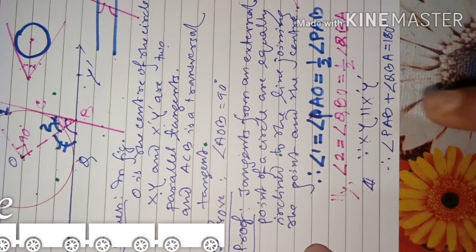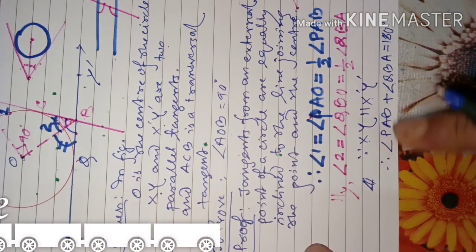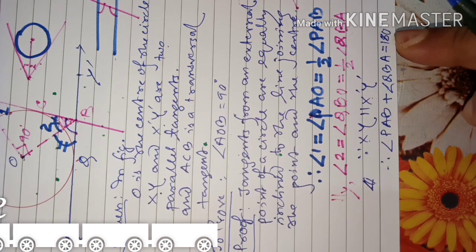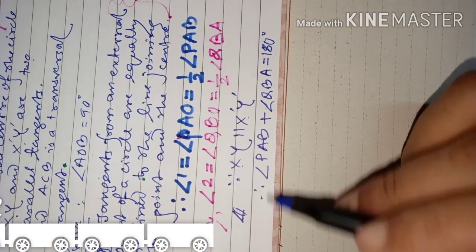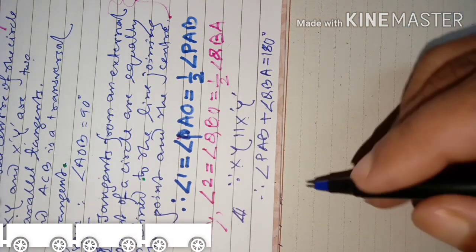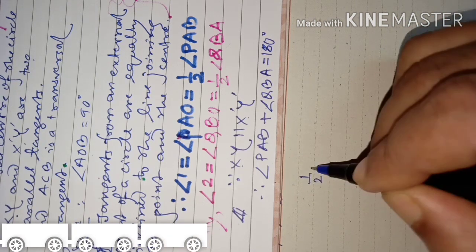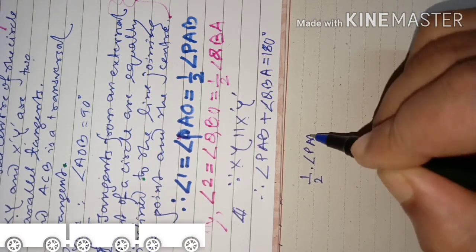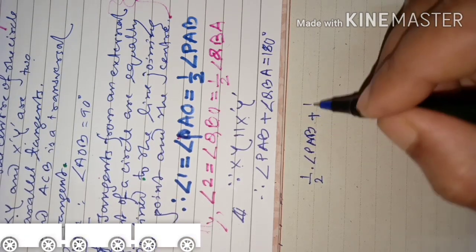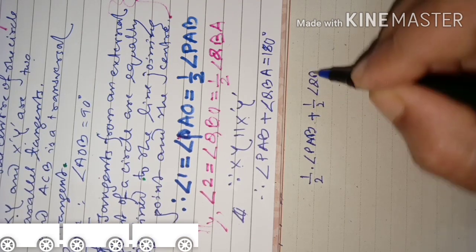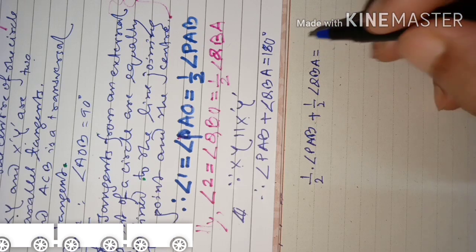So now make their halves, meaning multiply half to every term of this equation. Half into angle PAB plus half into angle QBA is equal to half into 180.